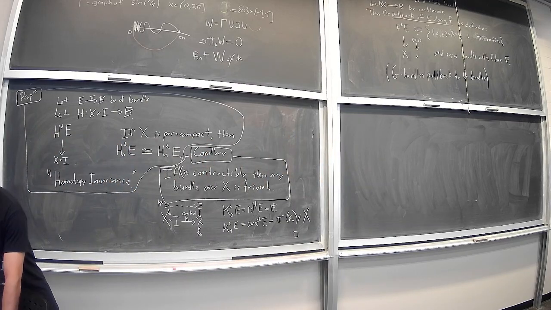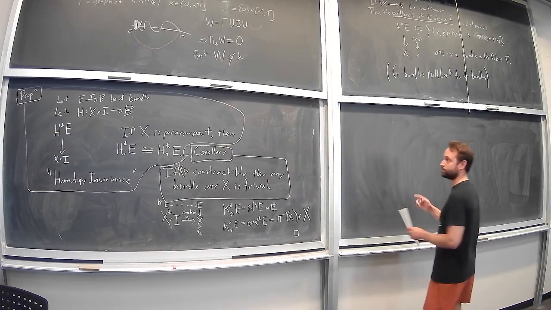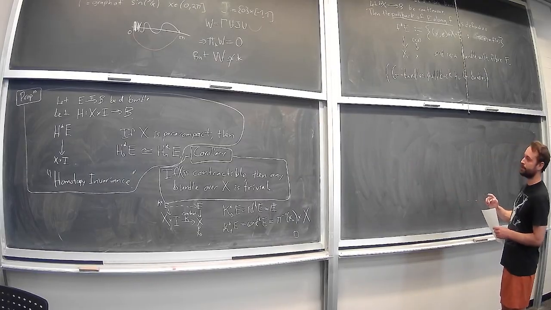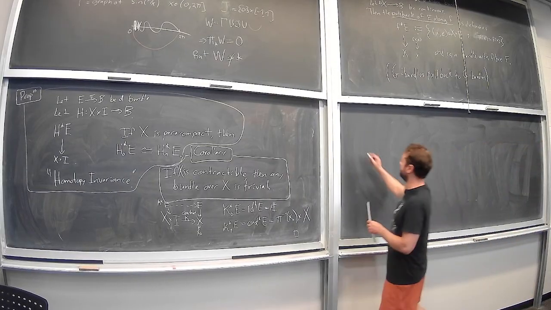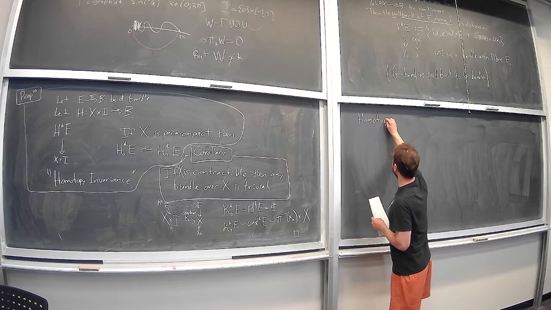Okay. So, like I hinted at, now I'm actually going to talk about homotopy groups, because that's where we're going to see the next huge application of the homotopy lifting property. And I really should have done this in the homotopy theory section.